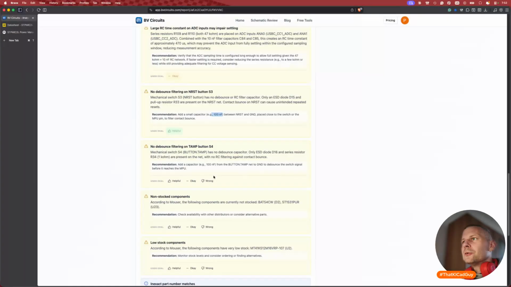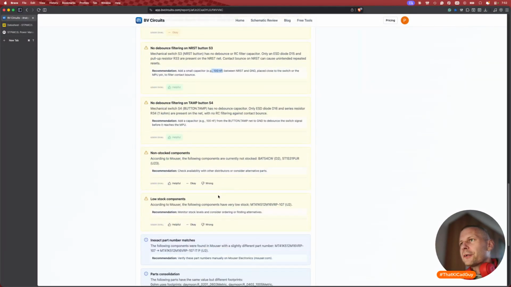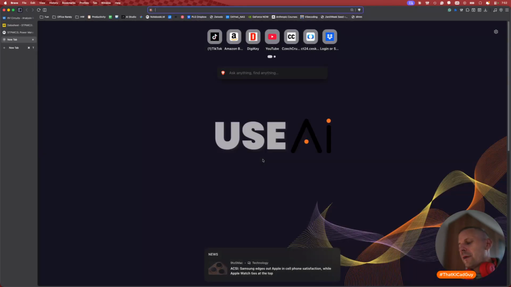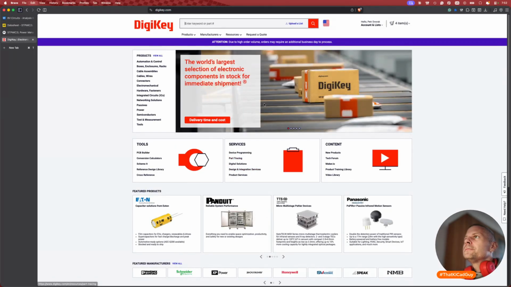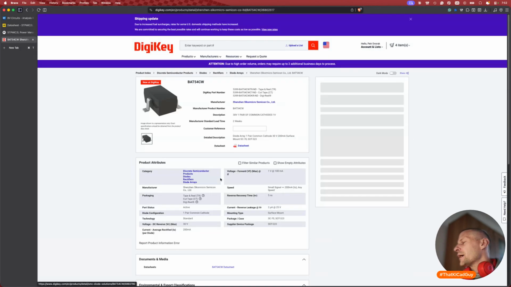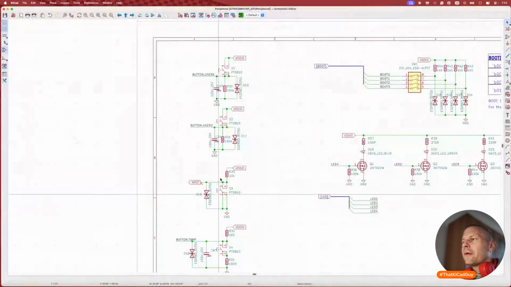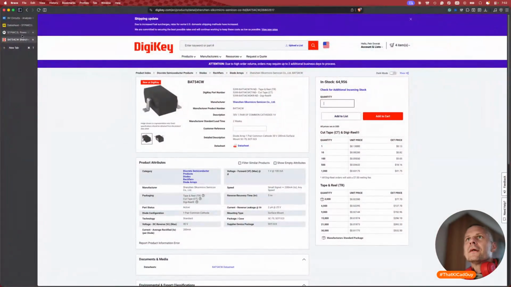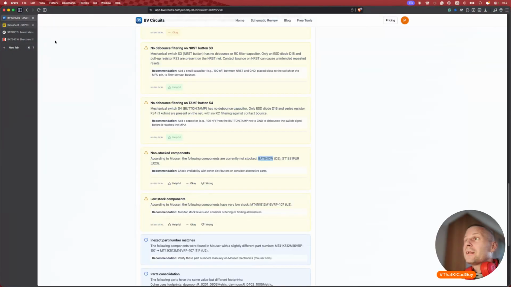Okay, let's get back to this. Temp is helpful. Okay, I corrected. Non-stock components. Yeah, that depends on the distributor. This is pretty, let's say, a commodity thing, well available, and the PMIC can really be an issue.